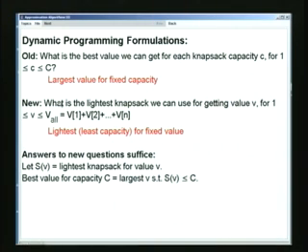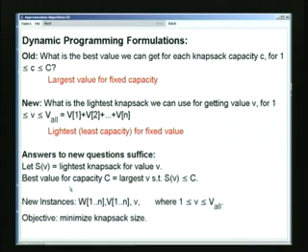So, for the rest of the lecture, I am going to think of these new questions, and once we have the answers to these new questions, we will use this idea to return the best value for capacity C. My new instances for each of these questions are going to be characterized by these three arguments: the weights W, the values V, and the target total value v that we need.